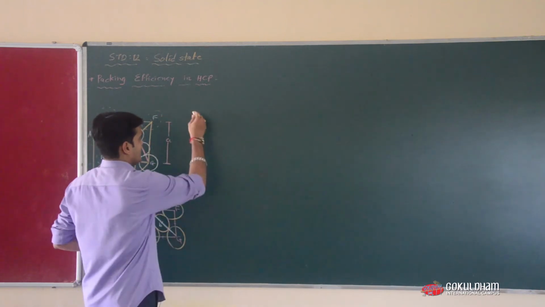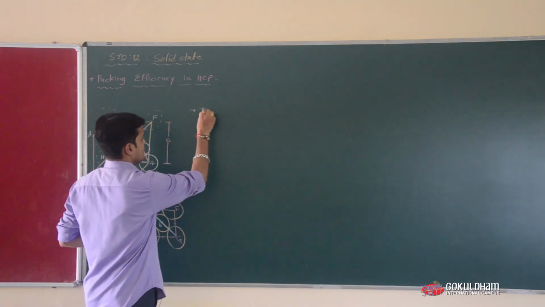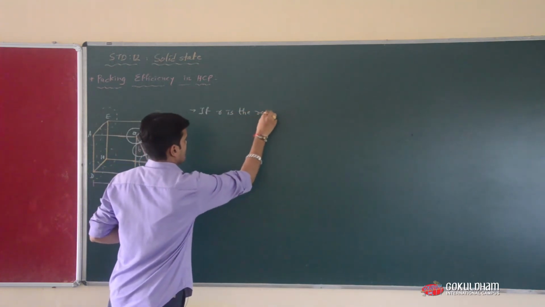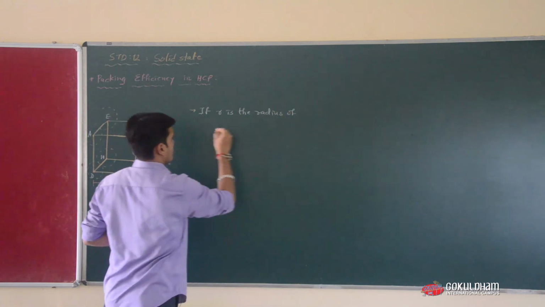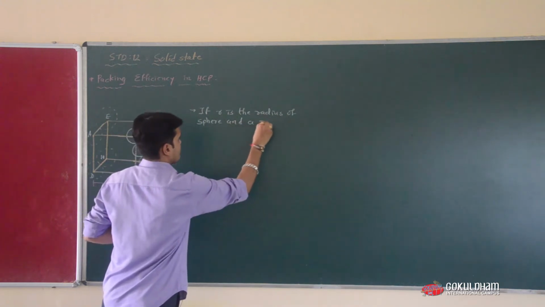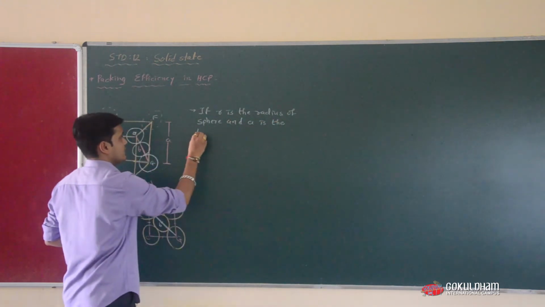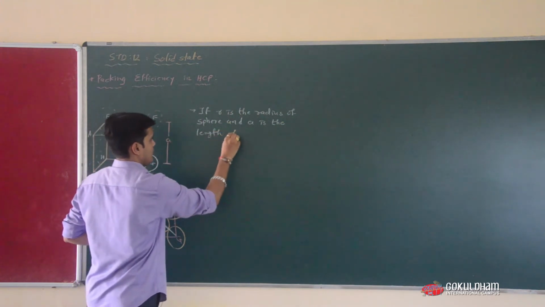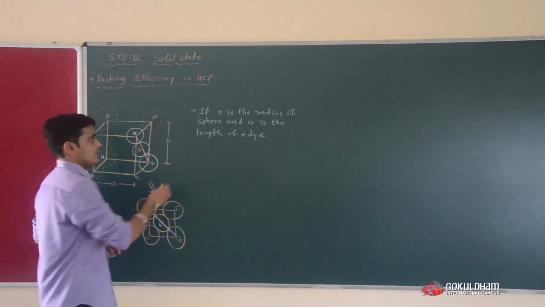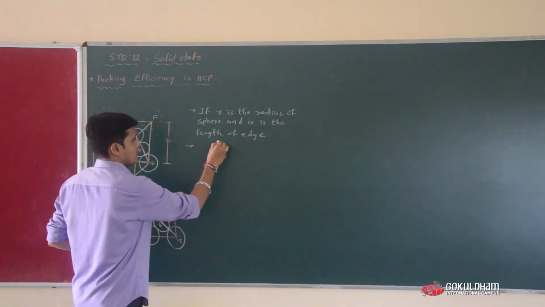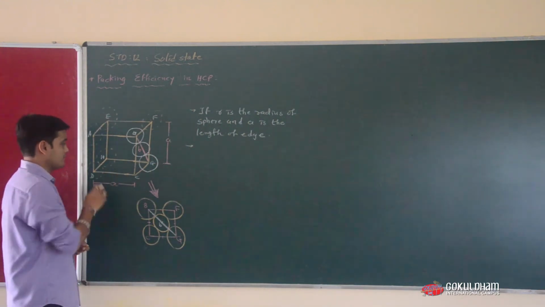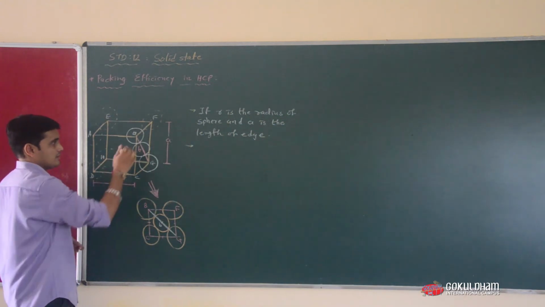Our theory will start as, if r is the radius of sphere and a is the length of edge, here we don't need to write a is equal to 2r because there is no relation between these edges.